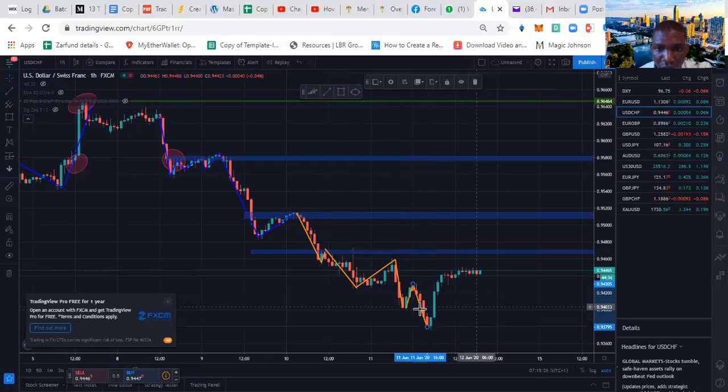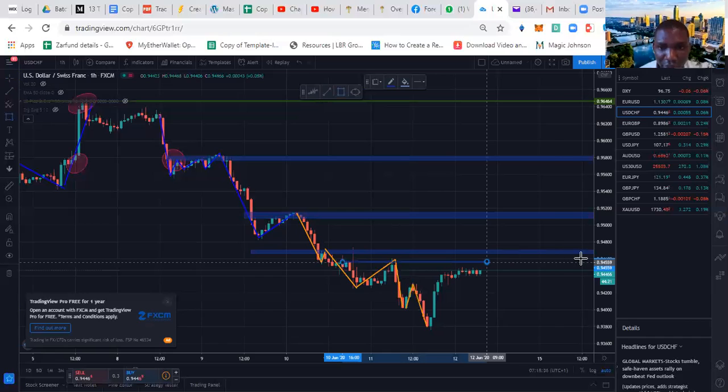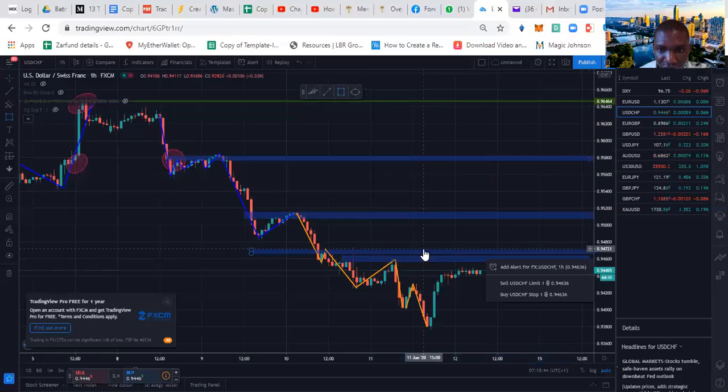Okay, so now we had a structure here before, but when price moved this way, our structure moved to this point, which is still basically close to where we had before, still very close to the previous structure.